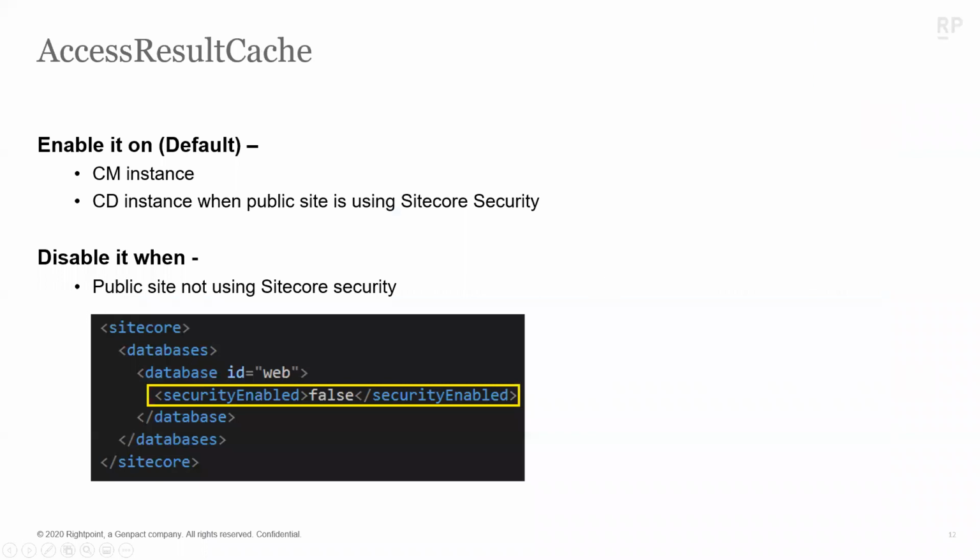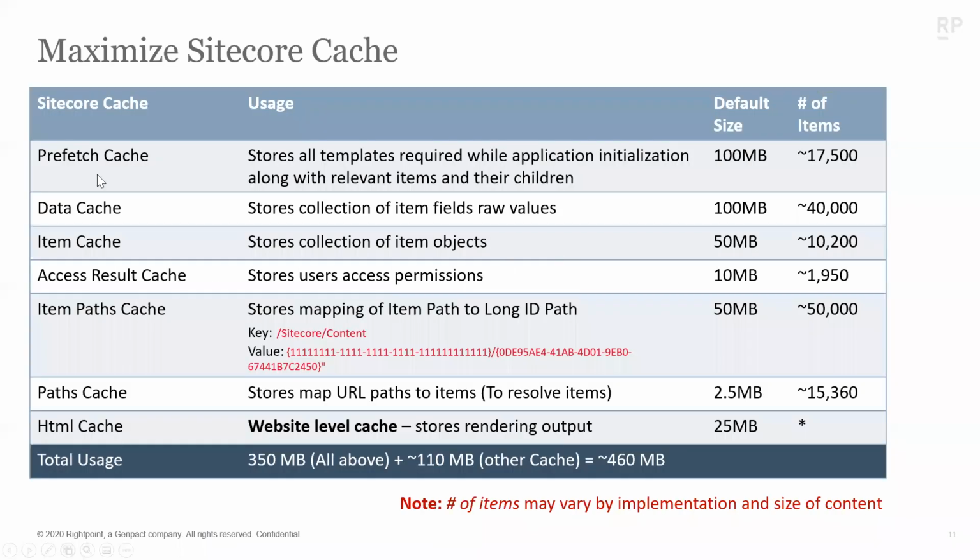Yogesh, quick question. If you have multiple sites, can you configure this individually per site? For all these five or six? No, you cannot. But for the HTML cache, definitely you can configure it at the site level.